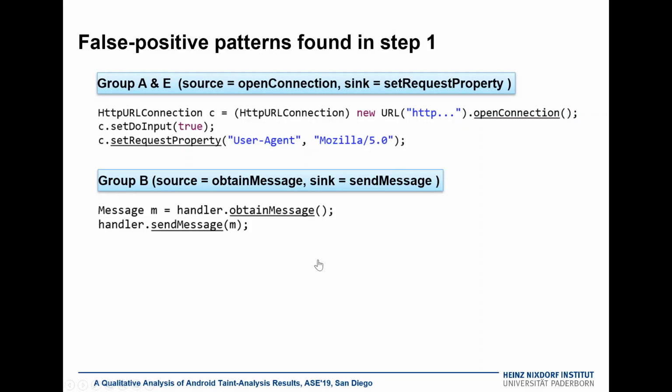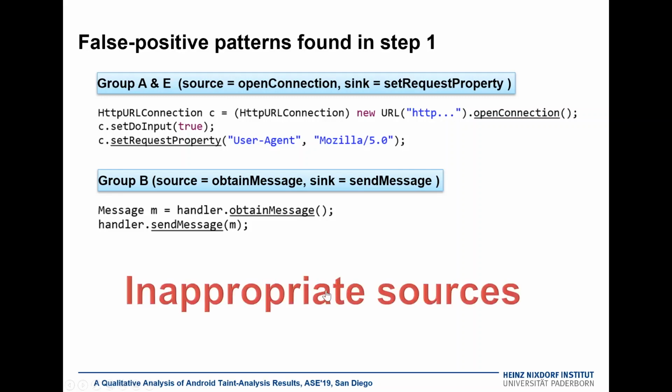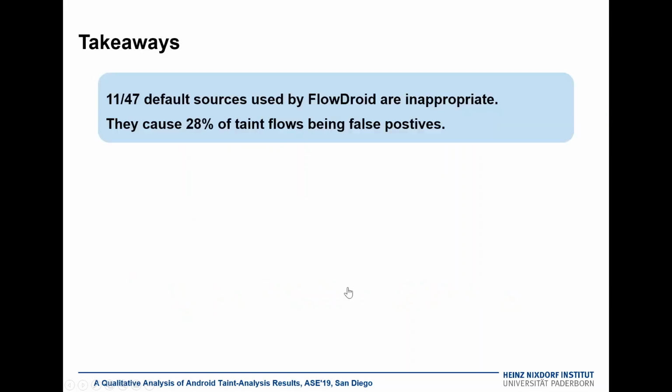As you have seen in these 2 false positive patterns, the root cause here is that the sources used by FlowDroid are inappropriate. So we examined all 47 sources used by FlowDroid and identified 11 of them as inappropriate, and they should be excluded since they cause 28% of the taint flows to be false positives.